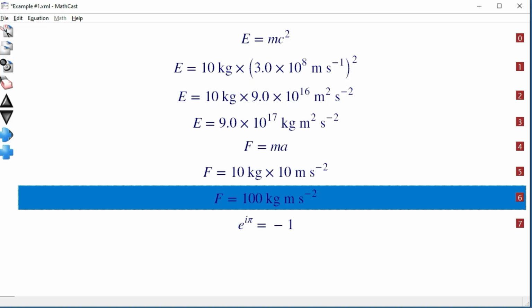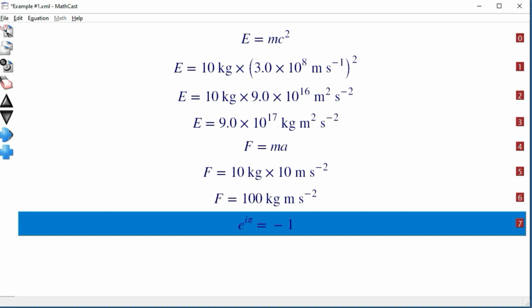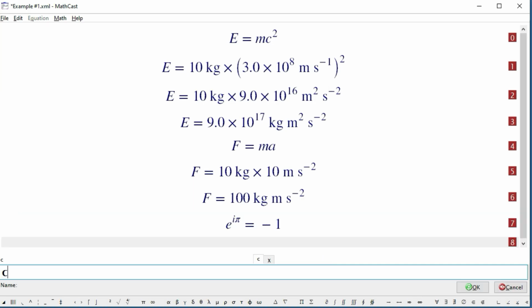And then finally, e to the I pi equals -1. I can then add cos. If I type the letter P twice, I get pi, plus I sine P twice equals -1.